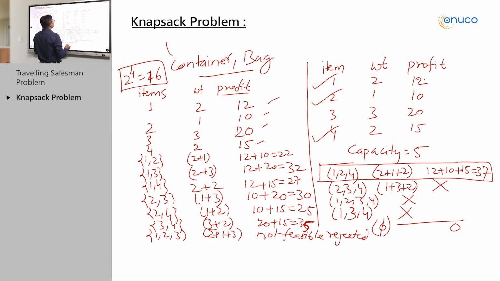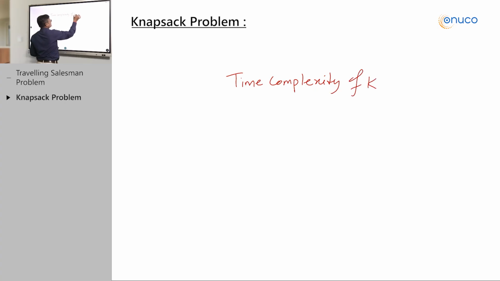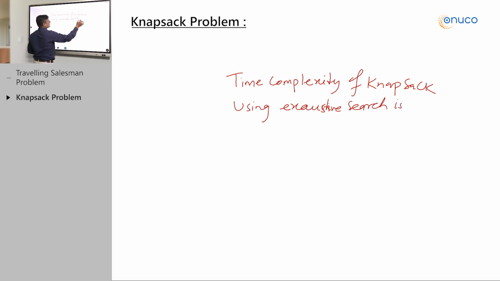Now, what will be the time complexity, friend? The time complexity of the knapsack algorithm using exhaustive search is 2 to the power n.